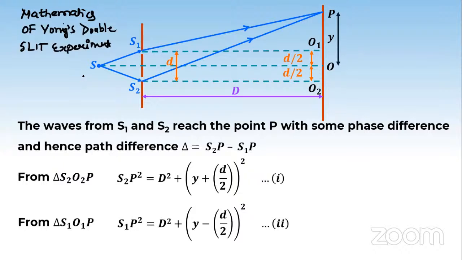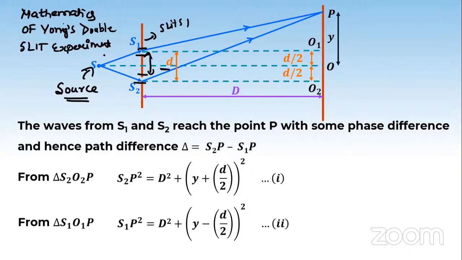Suppose students, you have a source here. This is the source S. This is slit S1, a gap. This is slit S2, a second gap, very small. Between these two mini gaps, there is a distance small d.